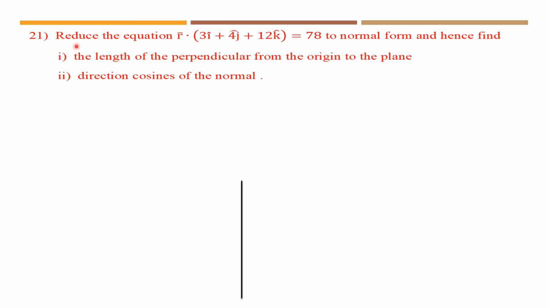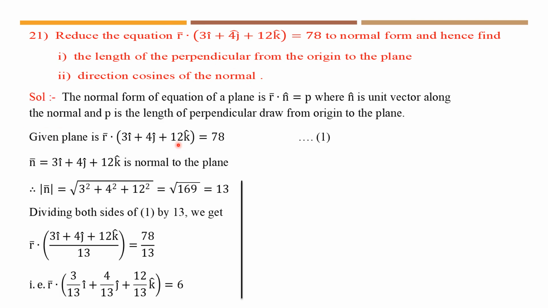Example number 21. Reduce the equation r vector dot 3i plus 4j plus 12k equal to 78 to normal form and hence find, first, the length of the perpendicular from the origin to the plane, second, the direction cosines of the normal. Similar example. Solution.